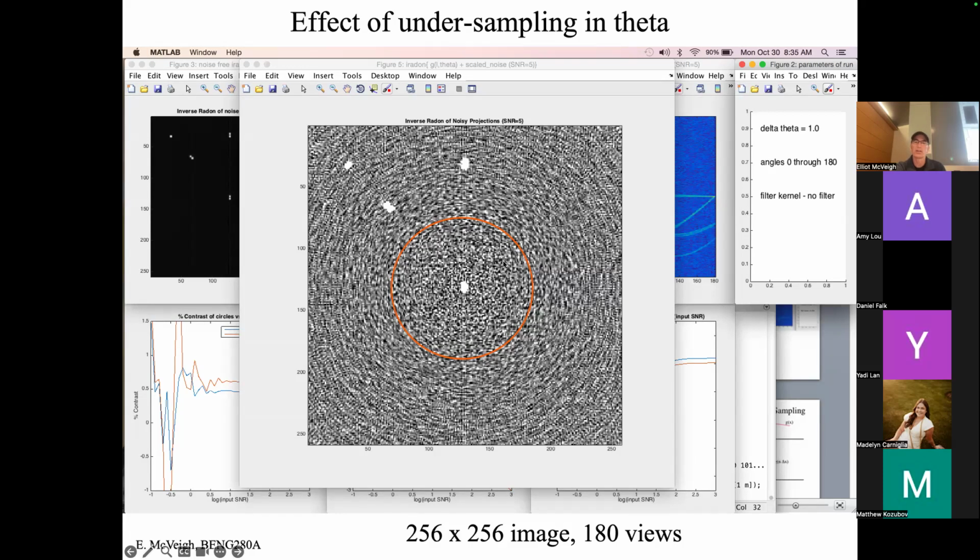But there's a field of view within which it just looks like a signal with noise around it. There's not a lot of artifact there. And so this is an indication that perhaps there is a region within which this image is sampled well enough in terms of theta, just taking 180.